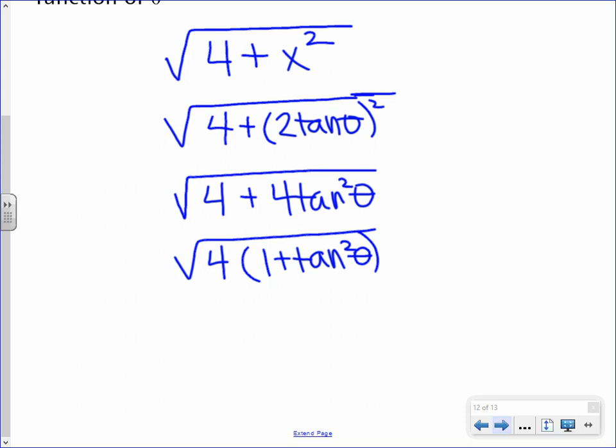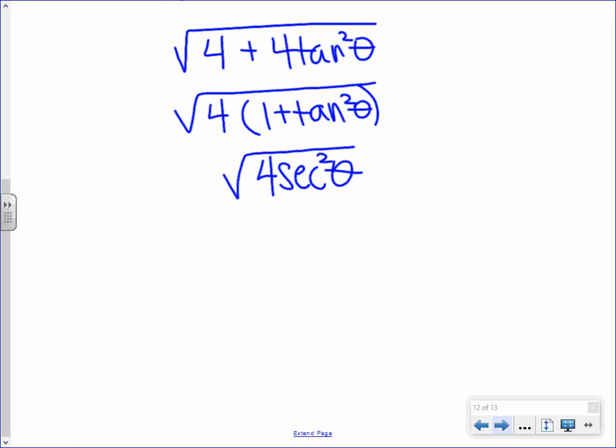Oh, 1 plus tangent squared theta is secant squared theta. Look at this. Now we have radical 4 secant squared theta. Now we can take that square root.